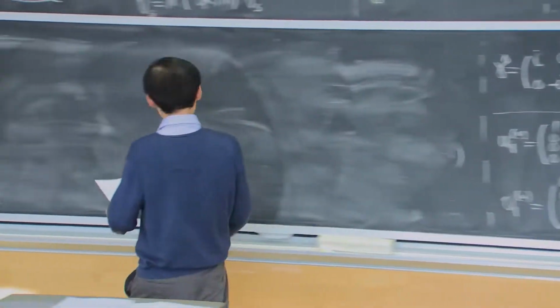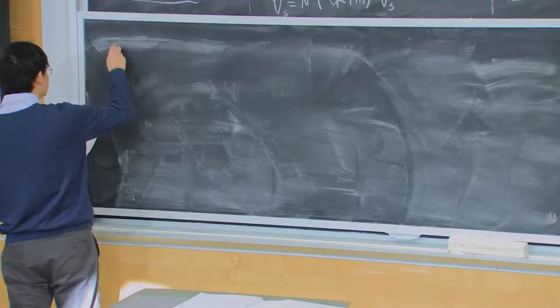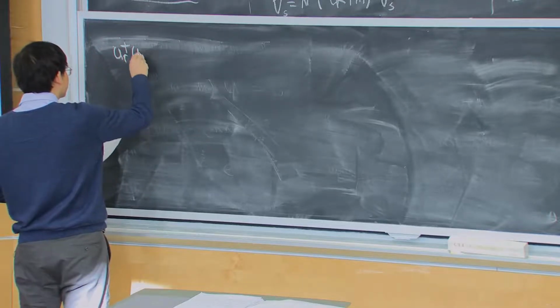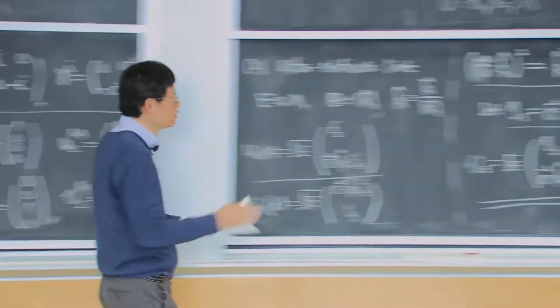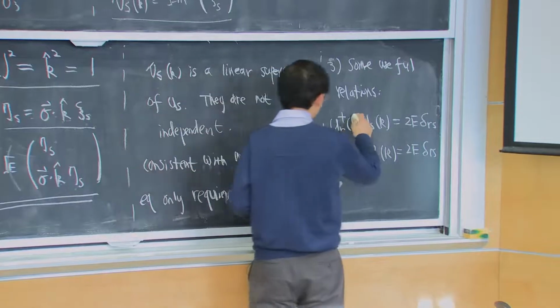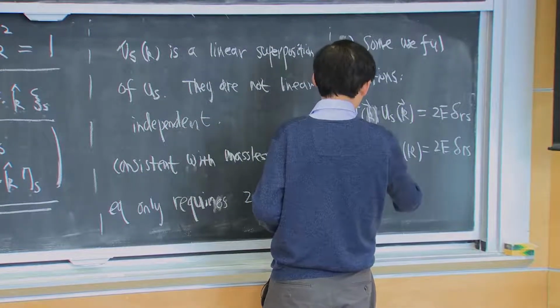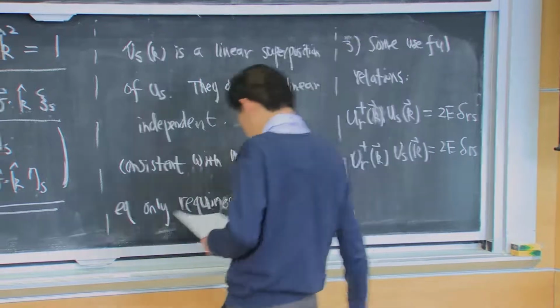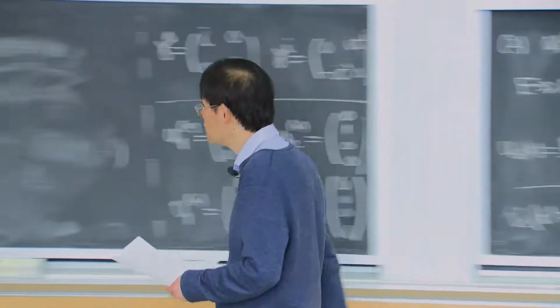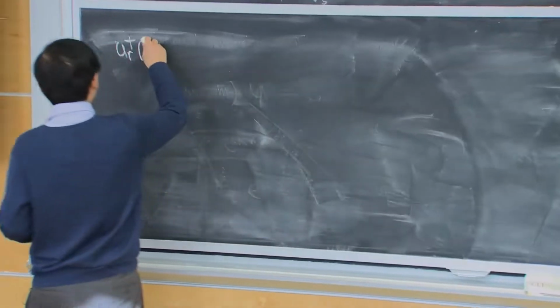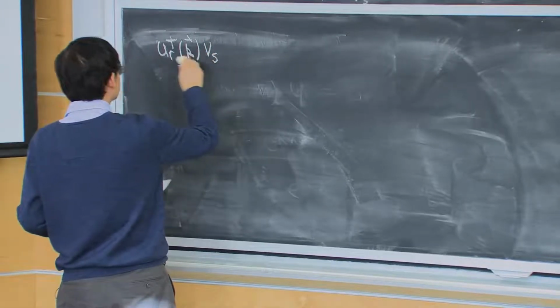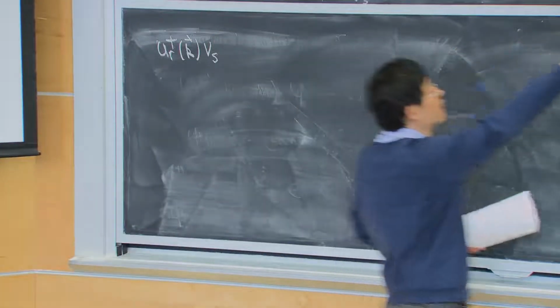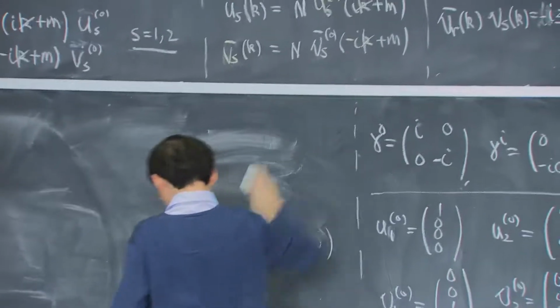So you have that, and then you also have the relation that UR dagger K. Because everything is on shell, in principle I only need to specify the spatial momentum. Okay, so for convenience, let me just specify the spatial momentum, which is easier in notation. So now it turns out UR and VS, now with the dagger. When you have bar, they're orthogonal. We have the expression there.